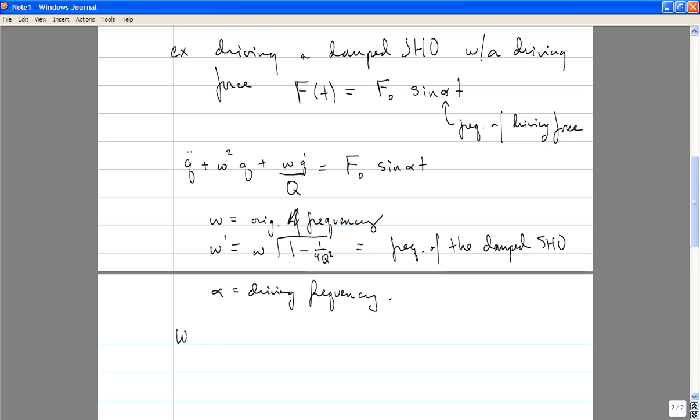So we want to find q particular, which is the steady state behavior at late times, once all of the homogeneous parts of the solution have decayed away. Remember that they decay exponentially in time. So for times that are very long compared to these frequency scales, omega and omega prime, only the steady state solution will remain.